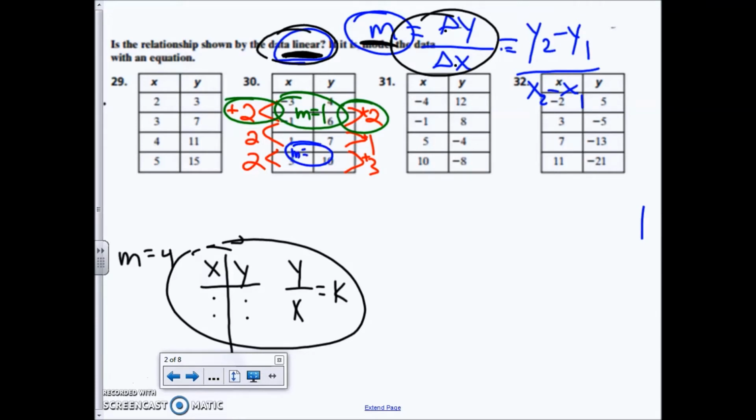What's the slope? 3 over 2. Right, 3 over 2. We want to make sure it's always our change in y over our change in x. Because it's not constant throughout the table, we know that this is definitely not linear, right?